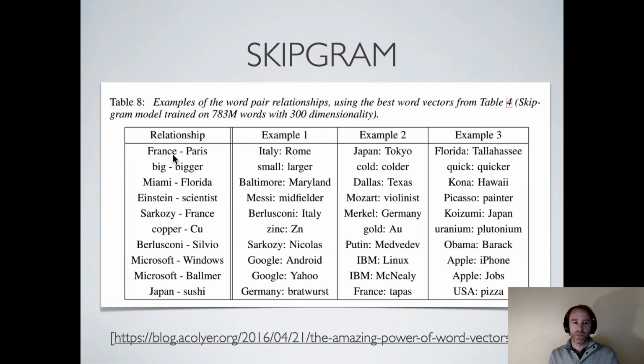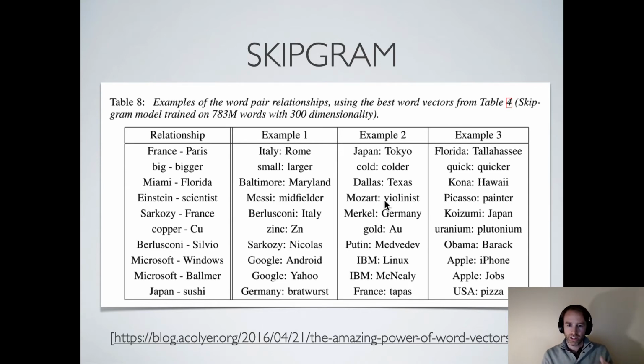In their embedding, Paris is to France as Rome is to Italy, or Tokyo is to Japan, or Tallahassee is to Florida. We see that it seems to work. And if you check other examples, Einstein is to scientist in a similar way that Mozart is to violinist, or Picasso to painter.